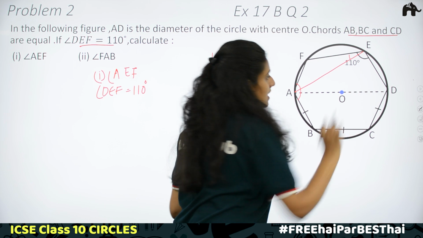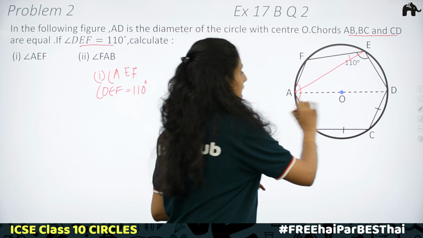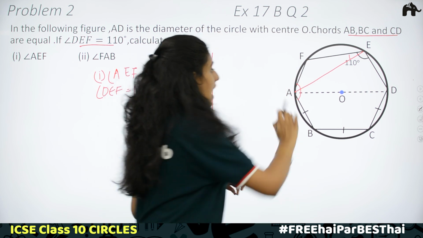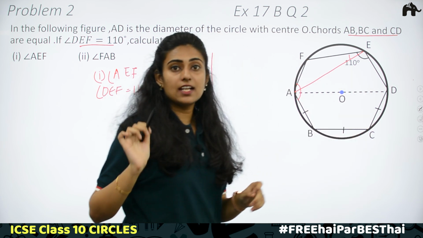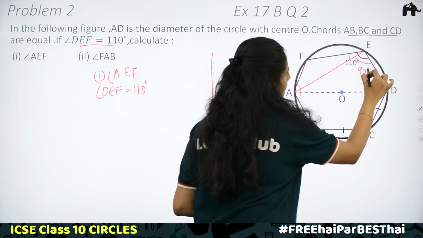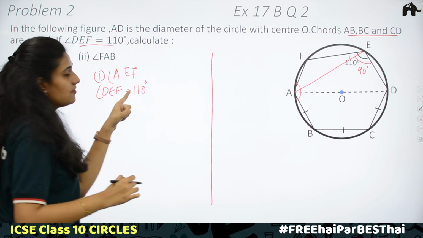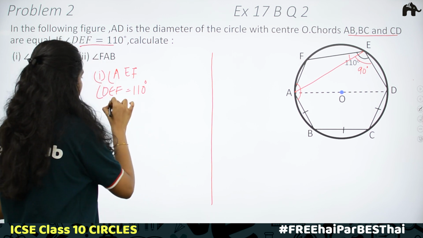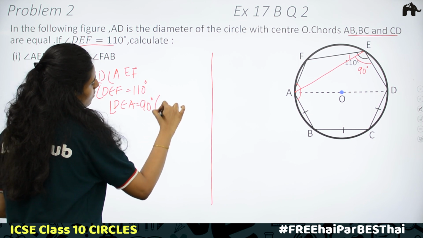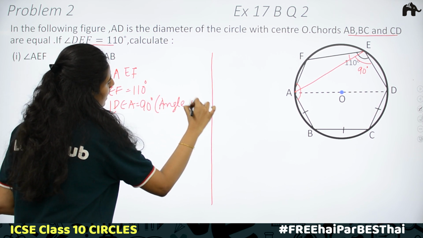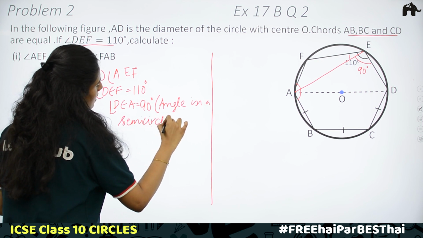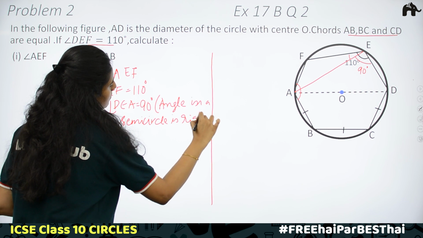Here, AD is the diameter and we know that the diameter subtends 90 degrees on the circumference of the circle, or the angle in a semicircle is a right angle. So, we will be getting this part 90 degrees. We have DEF is equal to 110 degrees, angle DEA is equal to 90 degrees. Reason: angle in a semicircle is a right angle.